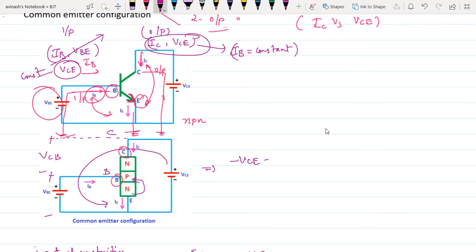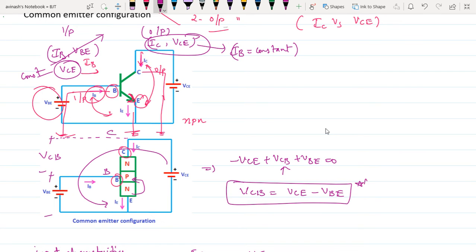Minus VCE plus VCB plus VBE equal to 0. Then I want to find the value of VCB: VCB is equal to VCE minus VBE. Hope you understand this point.